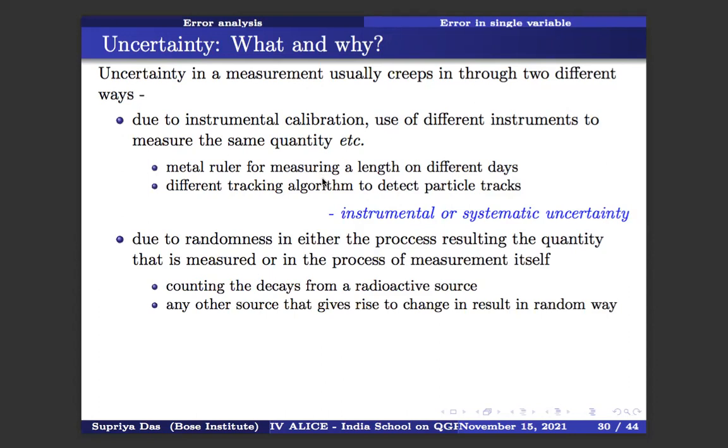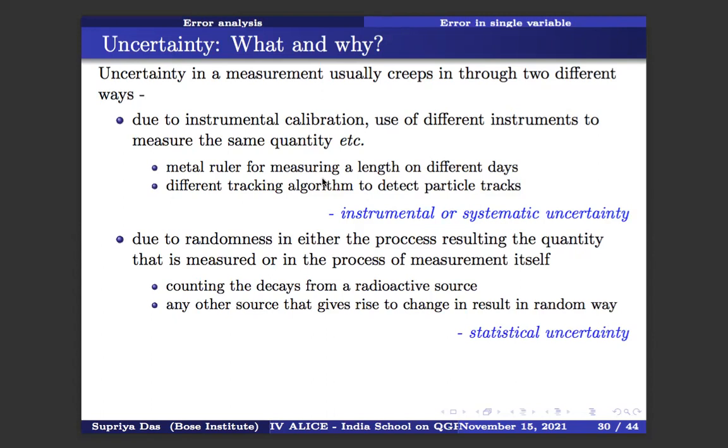That's what I explained in the last example: if you employ 100 people to measure the same length with the same ruler, you are not changing the calibration. You are sitting at the same temperature, on the same day. In 10 minutes, 100 people measure the same length. Even then, there is a randomness in the result, and this gives rise to statistical uncertainty.